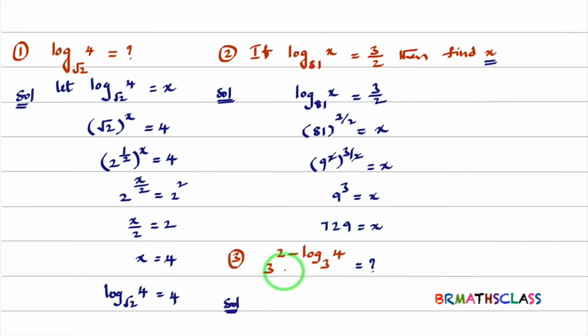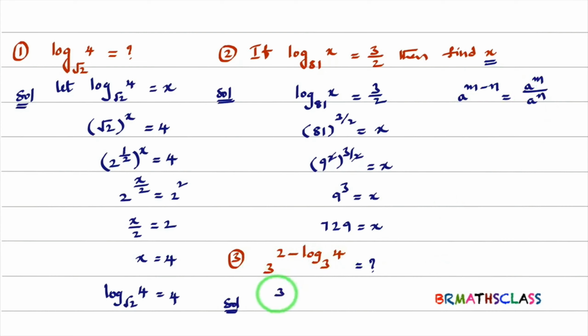Okay. You see this question. 3 power 2 minus log 4 base 3. 2 minus log 4 base 3 is in the power of 3. We know this result from the laws of indices. What is that? A power m minus n can be written as a power m divided by a power n. So it is also of the form a power m minus n.